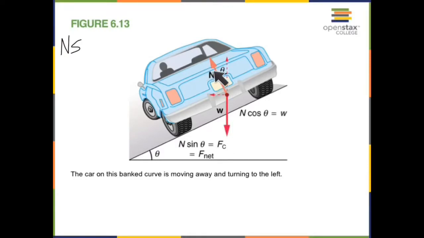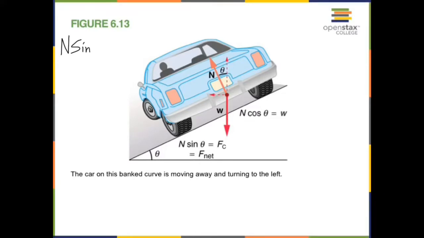But the normal force, by definition, is perpendicular to the road, right? Now that is neither along the x nor the y-axis, so we need to break that up into its x component and its y component. And looking at this right angle triangle, this is going to be n cosine theta.